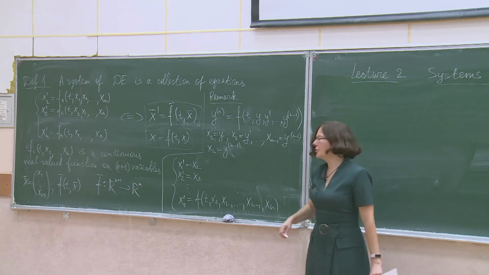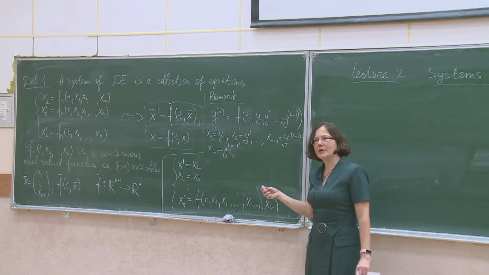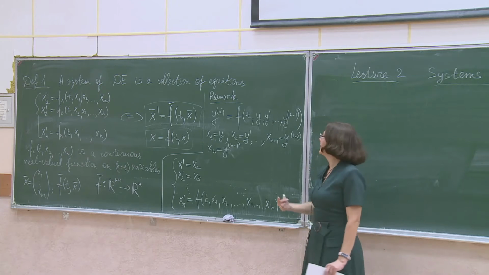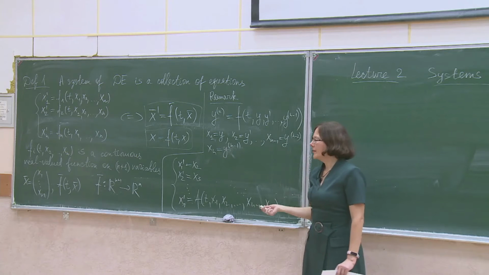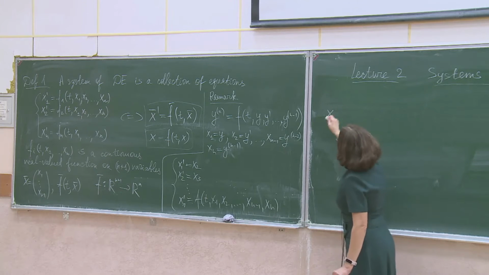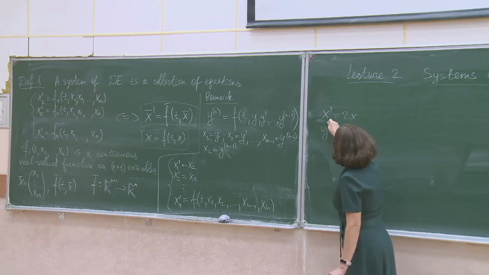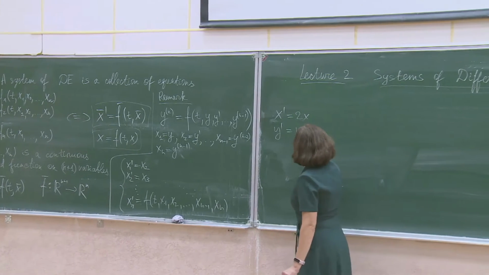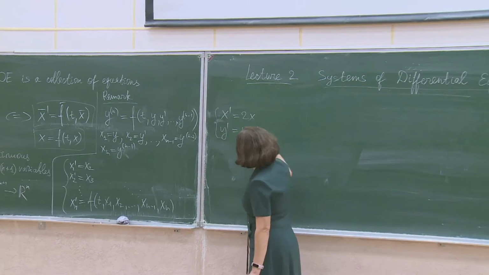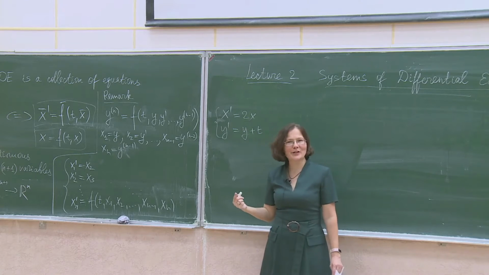But the converse is not true. Not any system of differential equations can be rewritten as just one differential equation of a greater order. For example, if we have something like x prime equals 2x, y prime equals y plus t, we can't form just one differential equation of the second order.